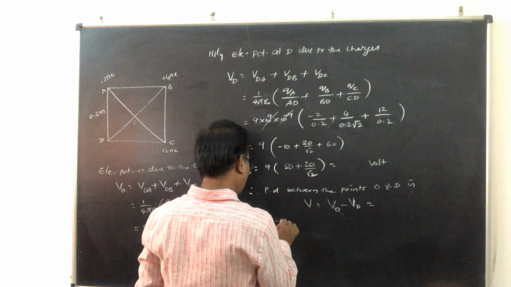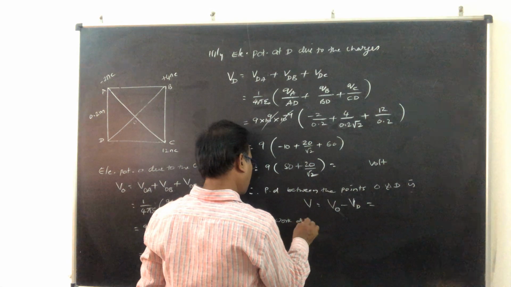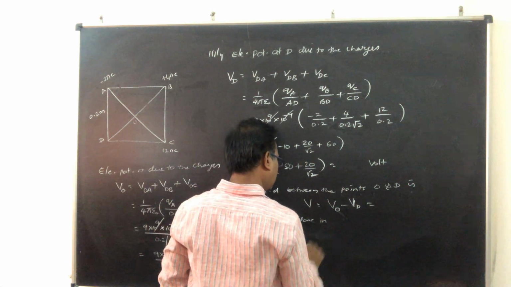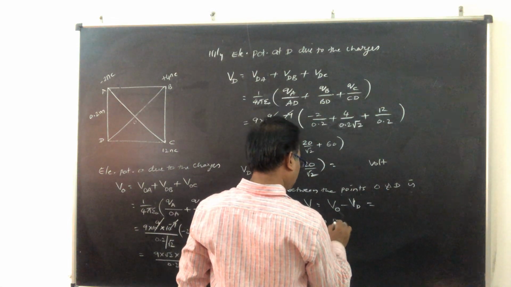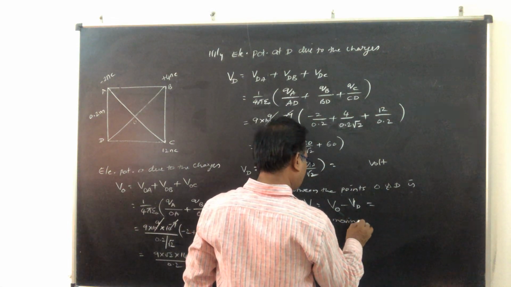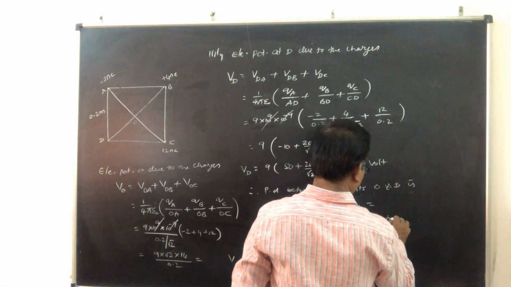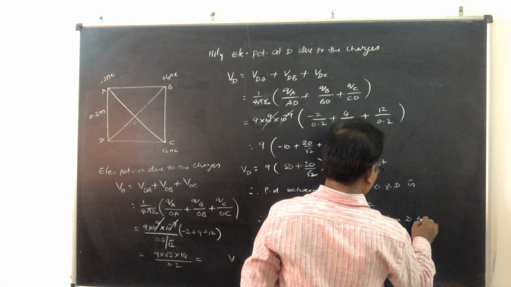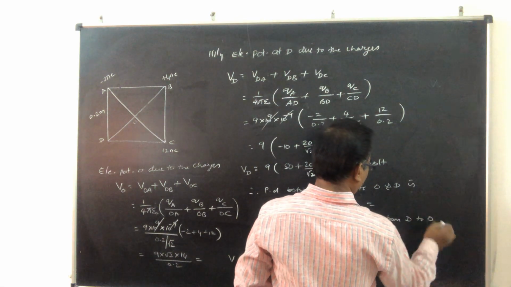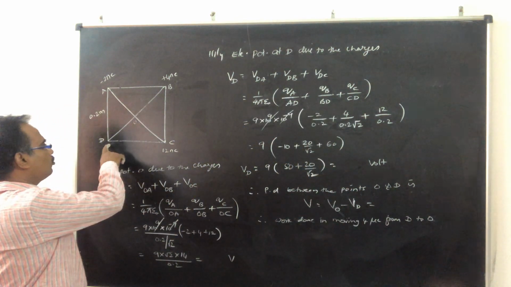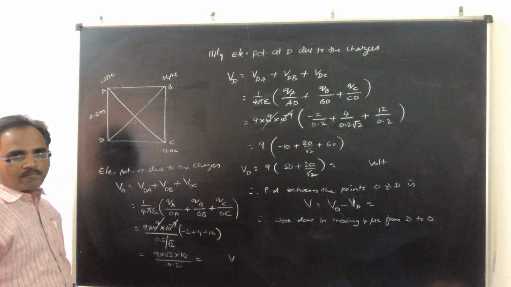Therefore, work done in moving 4 nanocoulomb from D to O, from lower potential to higher potential. Here potential is lower, here potential is higher.